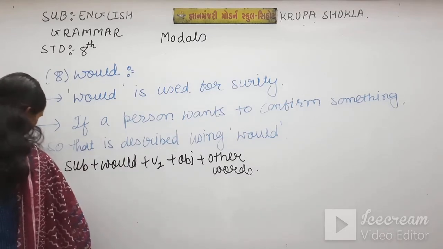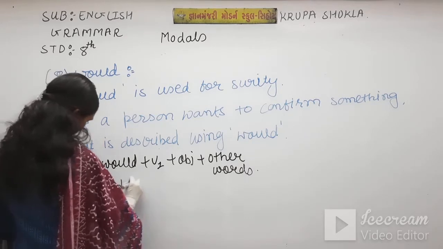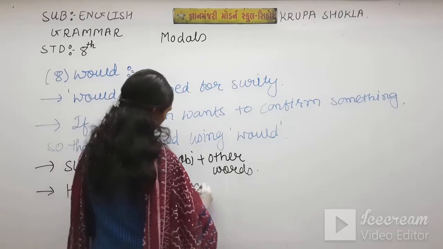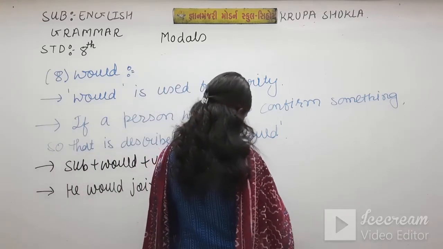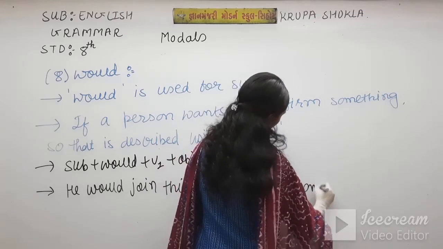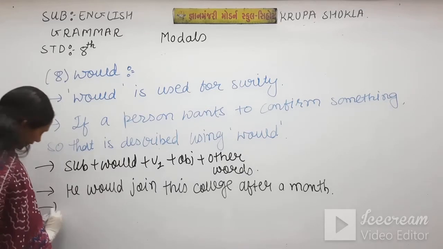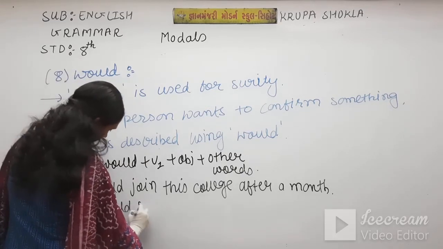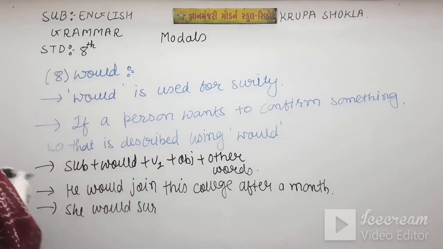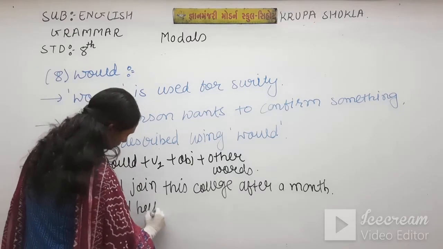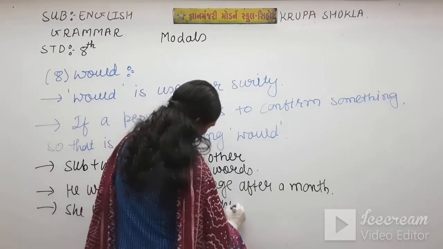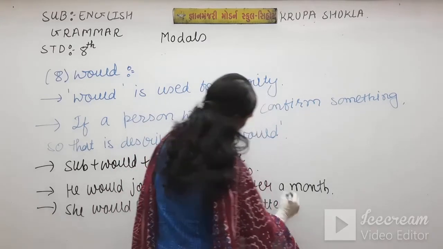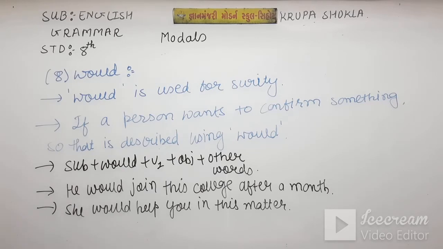So the sentences are: he would join this college after a month, and she would help you in this matter. So this way we can use would for surety. Please note down this thing. After that we go for another modal.